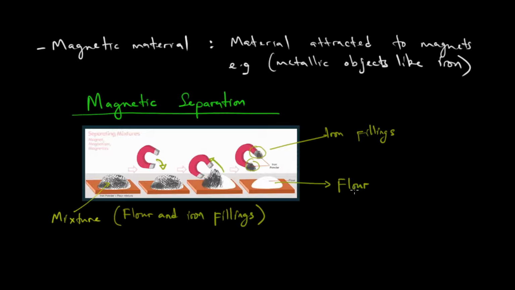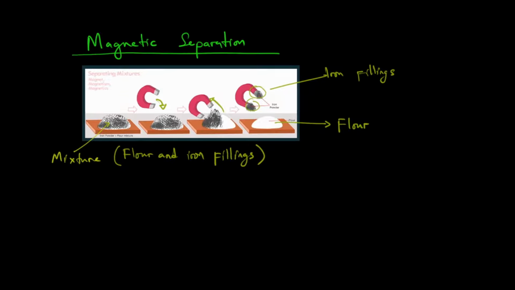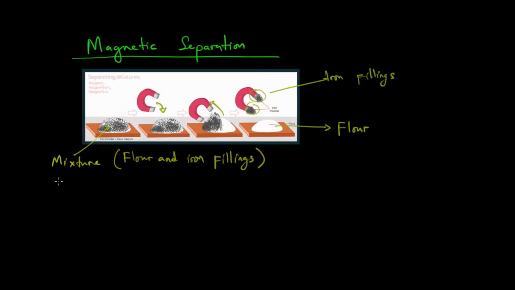So let us write a little about it. In the world of science and industry, the process of separating materials based on their magnetic properties has proven to be a game changer. This technique, known as magnetic separation, it utilizes the magnetic properties of substances to separate them from the mixture. So this is going to make our first term.